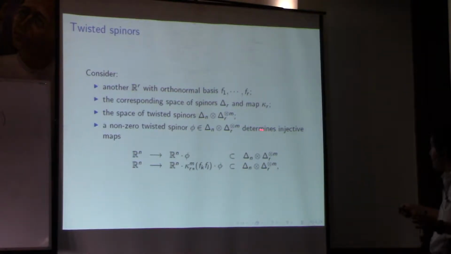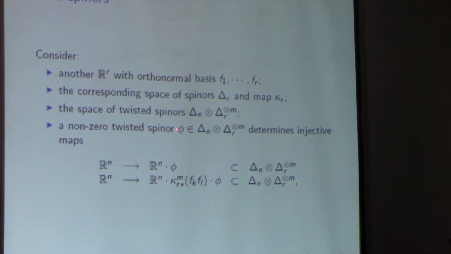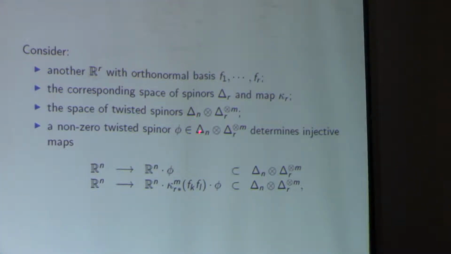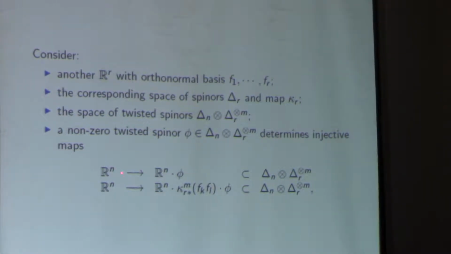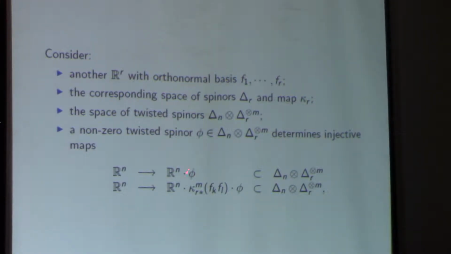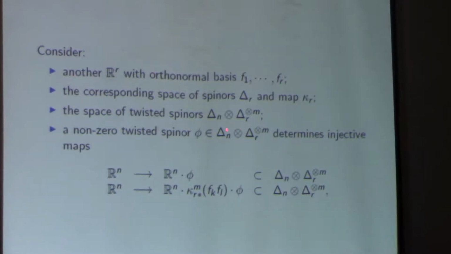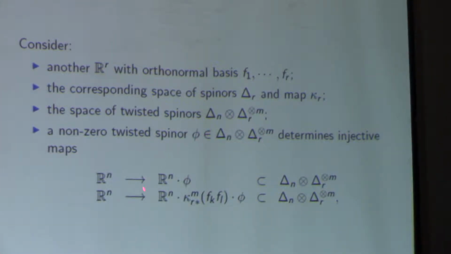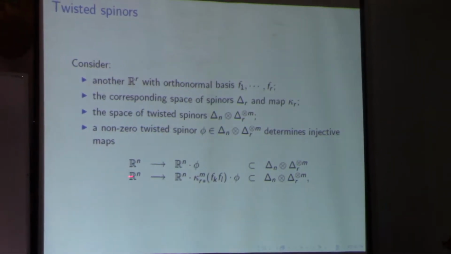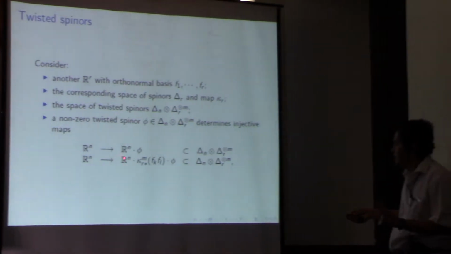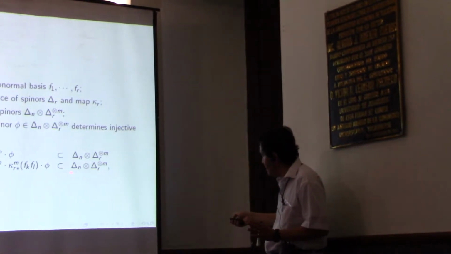First of all, when we take a vector of R n and hit this guy, we get an injective map. If you have a spinor phi that is non-zero in this very big complex vector space, when you hit it with a vector, you get a subspace here. When you hit it with a vector, and also with these bivectors, or these elements of the Clifford algebra or the spin algebra corresponding to the auxiliary part, you also get a subspace of this big complex vector space.